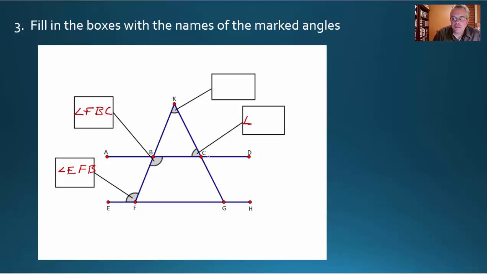On the first side, we have point B. The vertex is in the middle, so we have B, C, and then we need a point on the second side, K. So angle BCK traces out this angle right here. That's BC, and then if we go up to K there, so we got that angle right there, BCK.